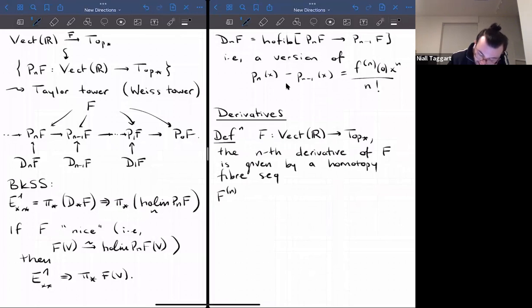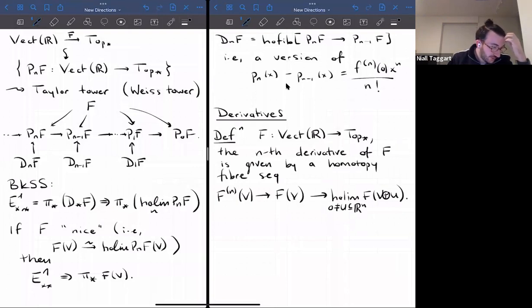It is the homotopy fiber of a map from f on some vector space V into the homotopy limit over the non-zero subspaces of R^n of the value of f on these.